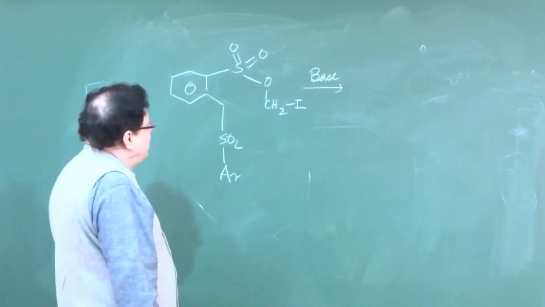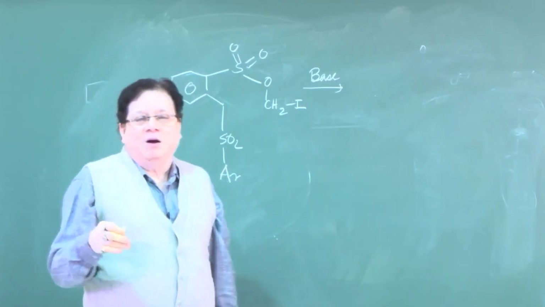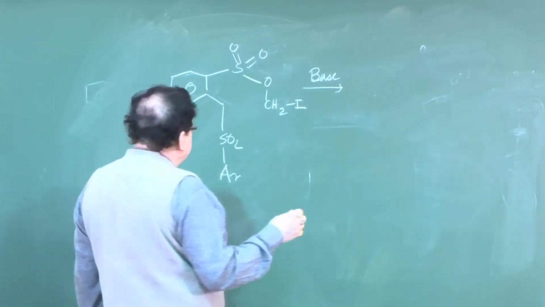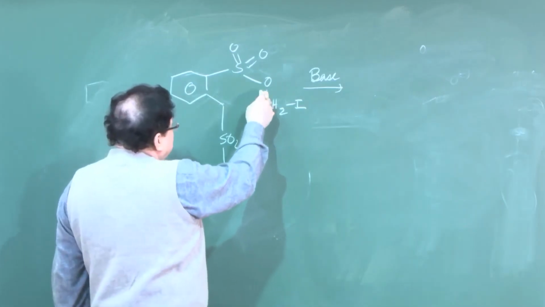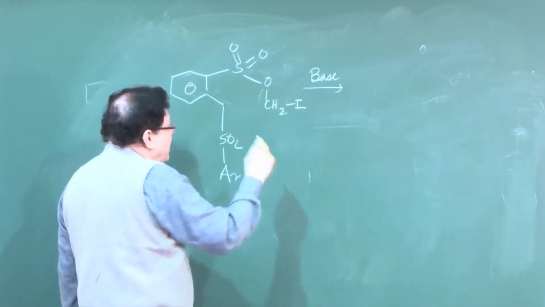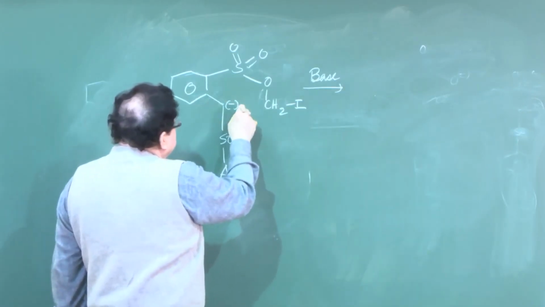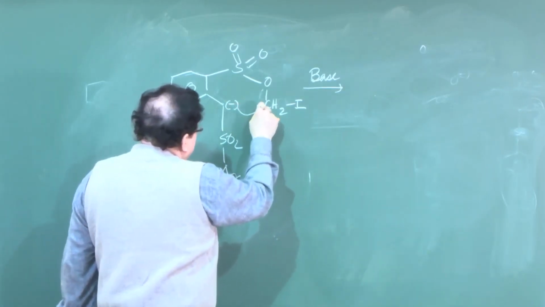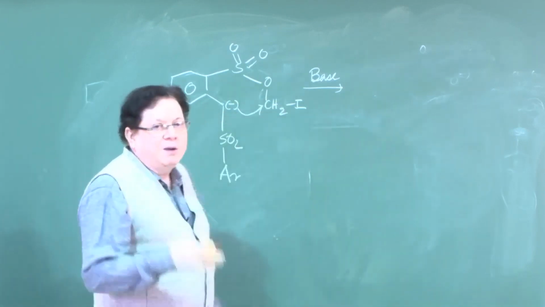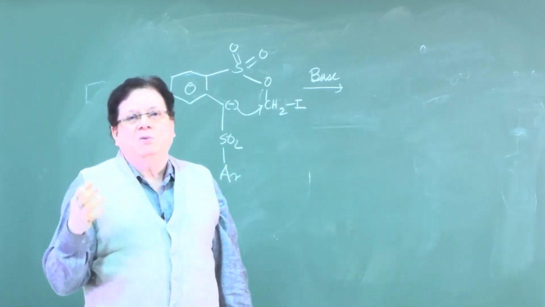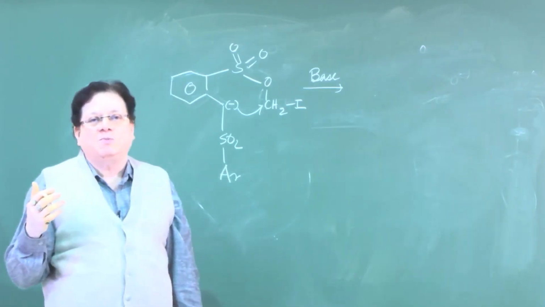So, what will happen now? Now, there is another type of reaction that is possible. Instead of the breakage of this bond, now this carbon has a good leaving group. So, this negative charge which is formed, a carbanion, attacks this carbon, and it can now adopt the geometry which satisfies the stereoelectronic requirement for an SN2 displacement.